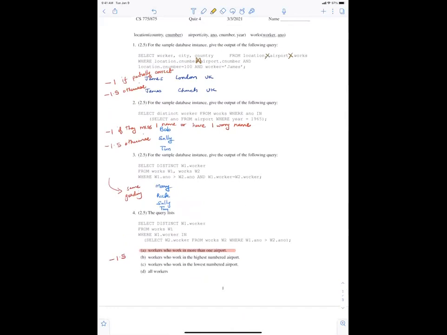So we don't have something that says airport.c number is equal to works.c number.